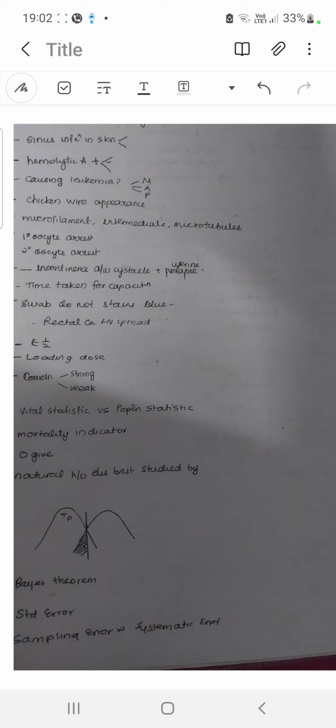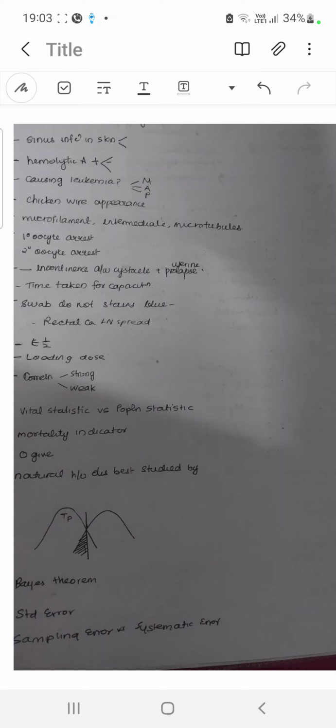Hemolytic anemia plus Coombs test positive, then you have to remember it's autoimmune hemolytic anemia. Diseases causing leukemia: MAP, myelodysplastic syndrome, aplastic anemia, paroxysmal nocturnal hemoglobinuria. Chicken-wire appearance in bone: chondroblastoma; in brain: oligodendroglioma; and in alcoholic steatohepatitis.